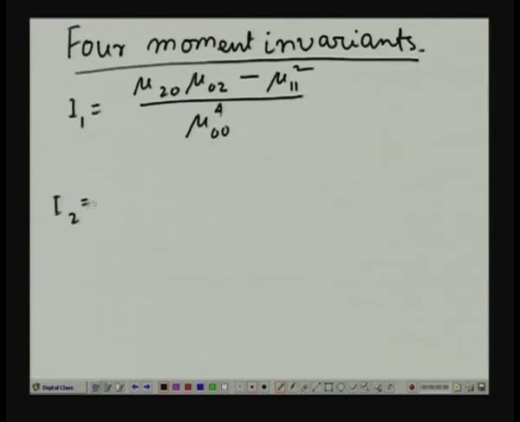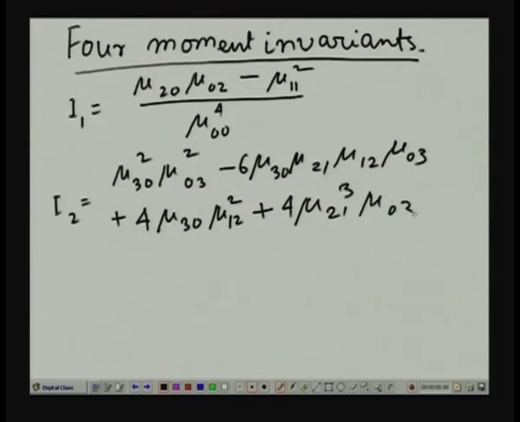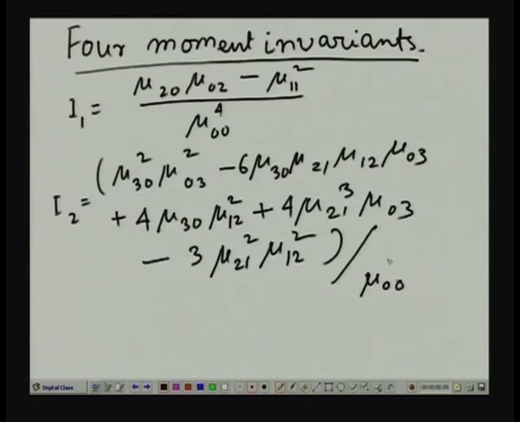I 2 is given by mu 3 0 square mu 0 3 square minus 6 mu 3 0 mu 2 1 mu 1 2 mu 0 3 plus 4 mu 3 0 mu 1 2 cube plus 4 mu 2 1 cube mu 0 3 minus 3 mu 2 1 square mu 1 2 square, this divided by mu 0 0 to the power 10.